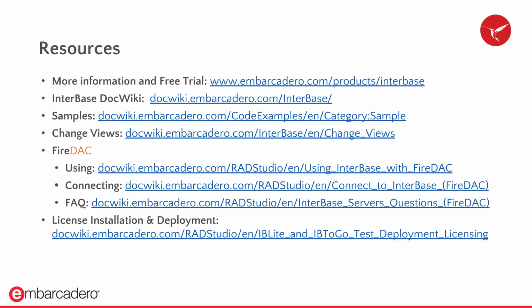So do you need to deploy the license file with IB Lite every time you use it, or is the license file only necessary for IB To Go? So the way that you would embed your IB Lite into your application is actually just going into the project manager in the IDE and including both the database file as well as the license file.